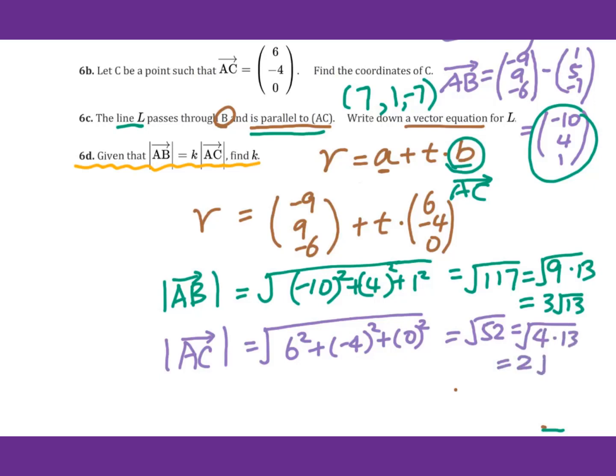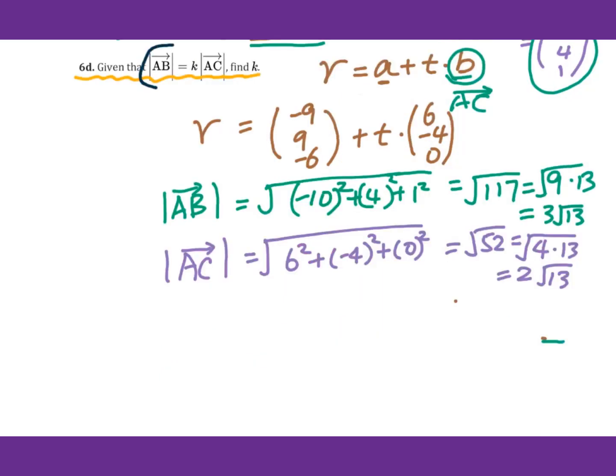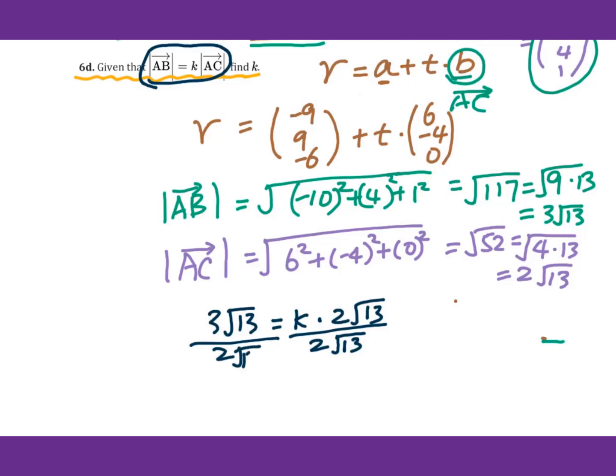That is 2 square root of 13. We can plug into this equation now. We have 3 square root of 13 equals k times 2 square root of 13. So we divide by 2 square root of 13 on both sides. You will get k equals 3 over 2 because we reduce this.